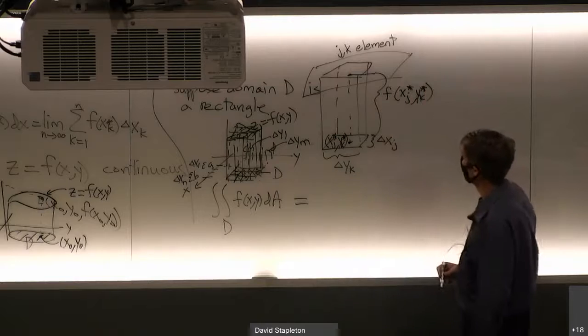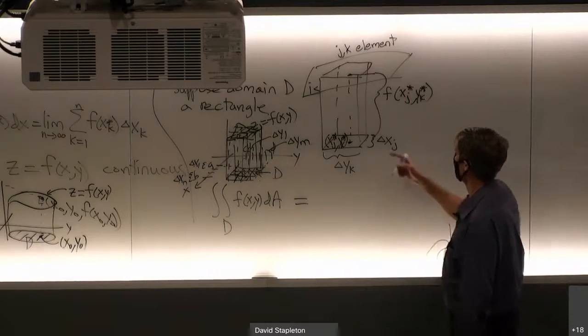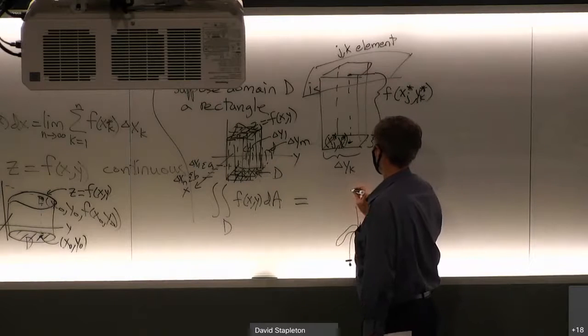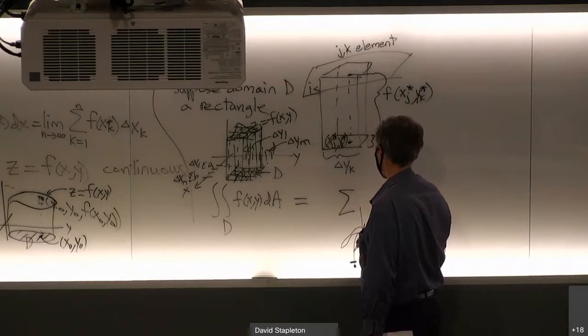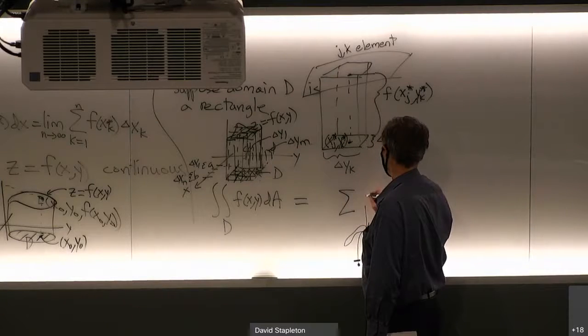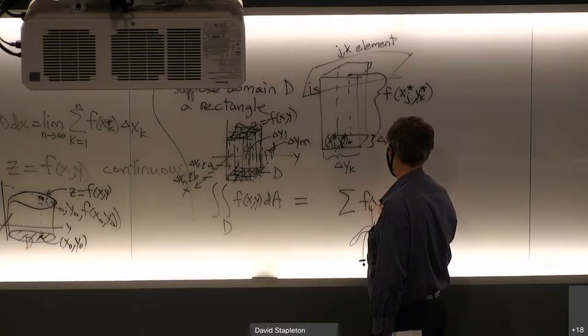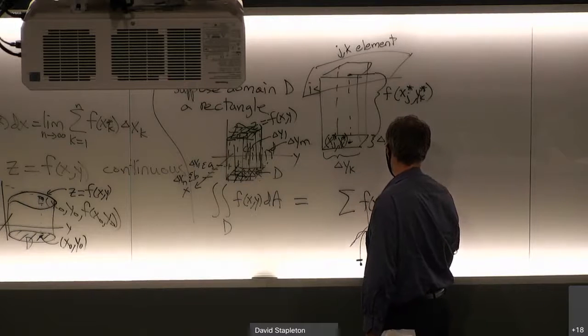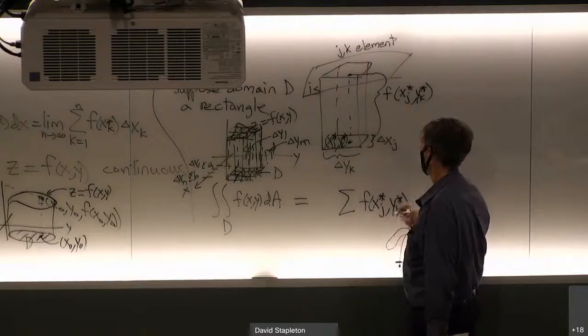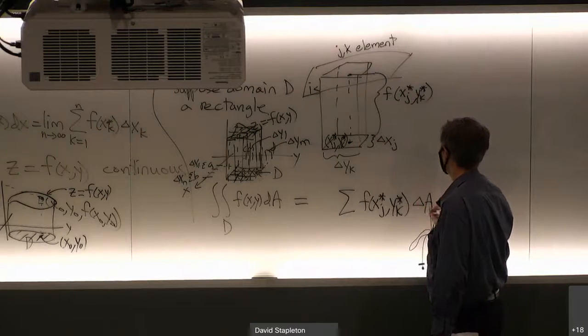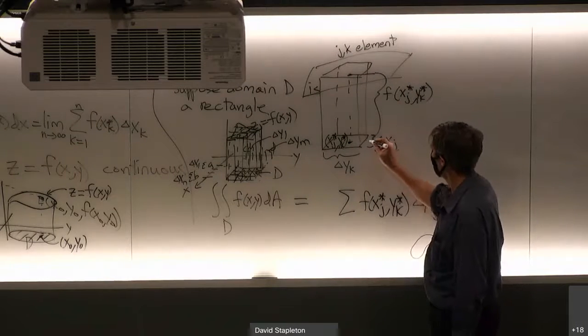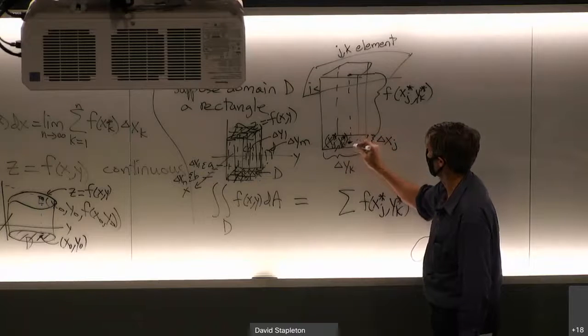All right. Now the volume of the box, we can say that we'd like to do this height f of xj star, yk star times delta A jk, where delta A is the area of the little rectangle on the bottom.